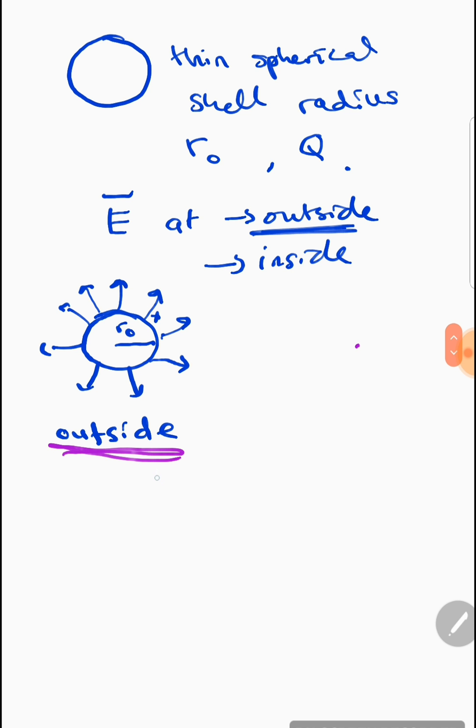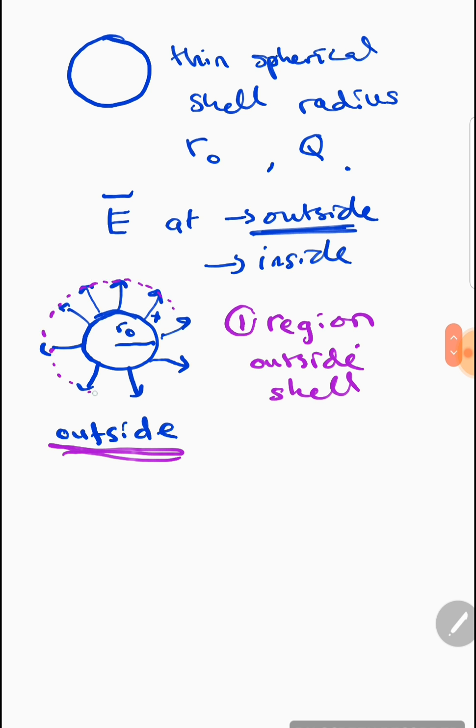So the first thing we want to do is to choose the region with points outside the thin spherical shell. If I just simply choose, as long as you circle it outside the thin spherical shell, it will do.